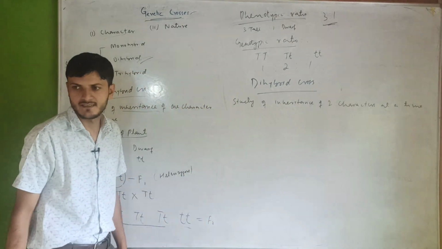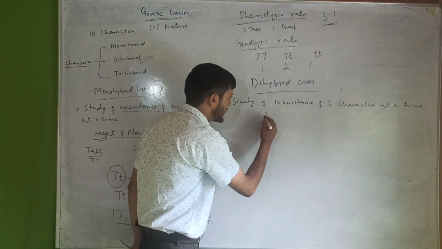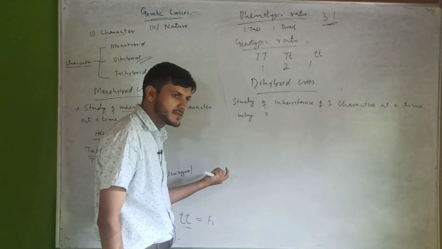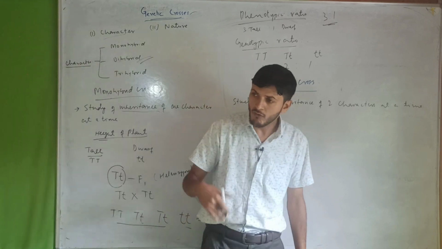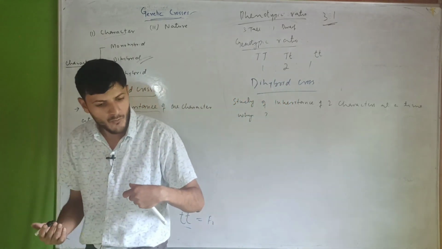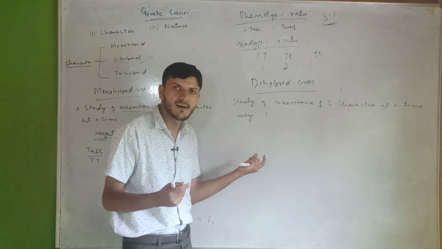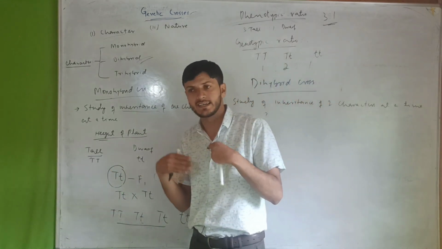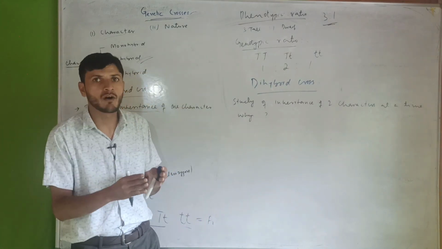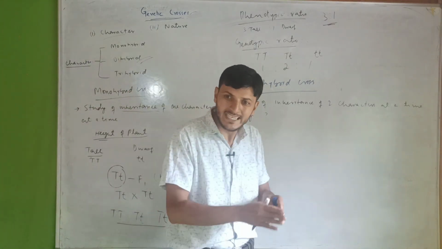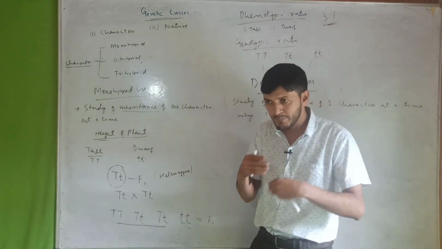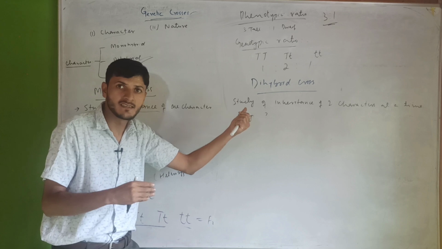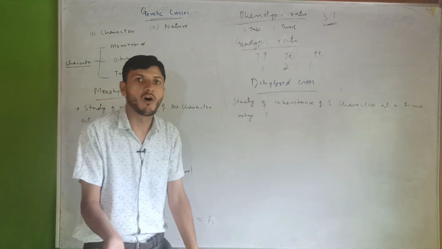Why did Mendel perform dihybrid cross? Here the question arises why Mendel performed dihybrid cross. Mendel performed the dihybrid cross to know the presence of any kind of interaction among characters during inheritance, at the time of transmission of characters, when characters are transferred from parents to offspring. Do these characters interact with each other or not?